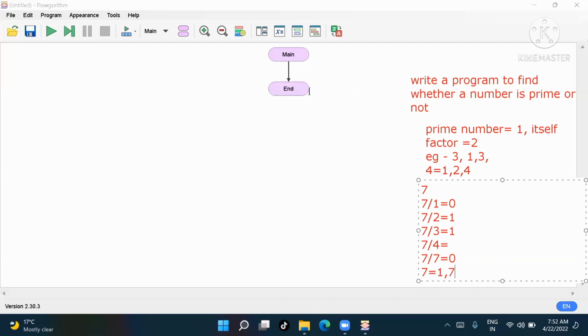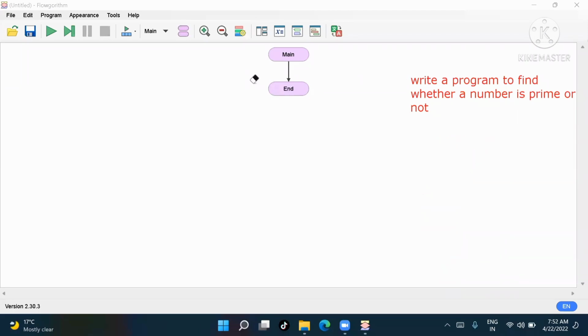Okay, how to solve it in a flowchart? We'll look at this now. We'll take one count variable in this program.